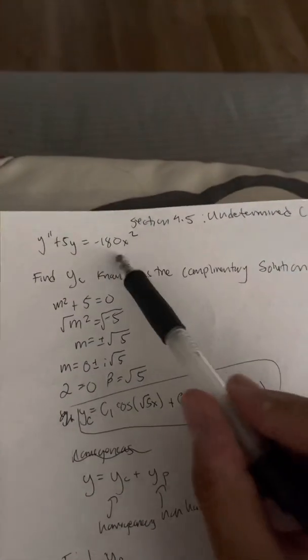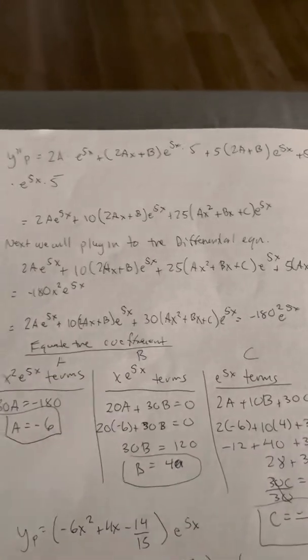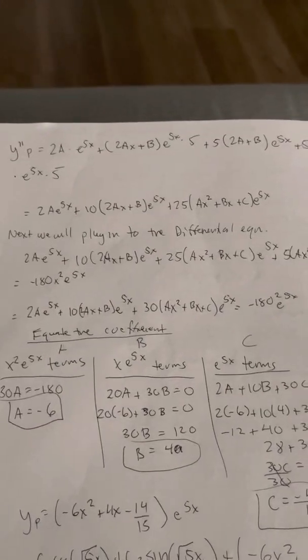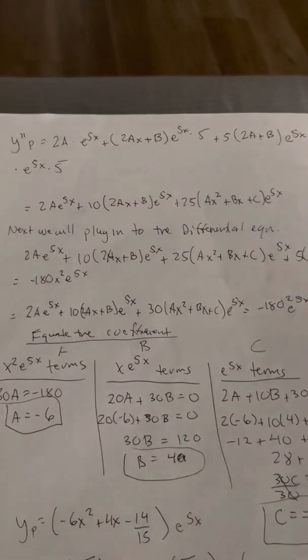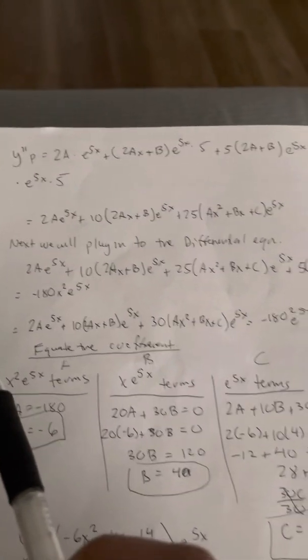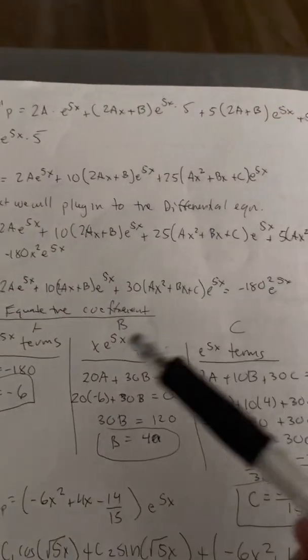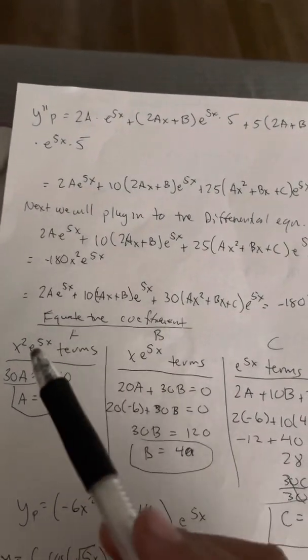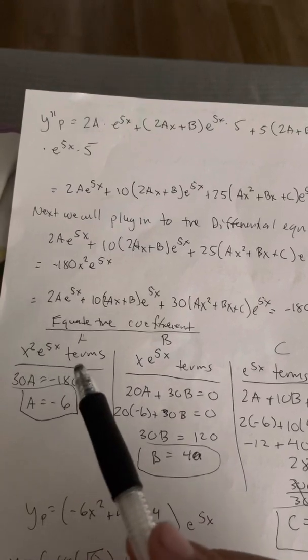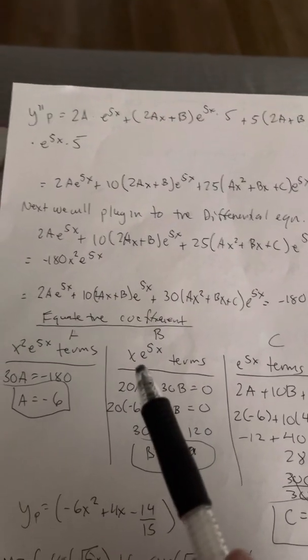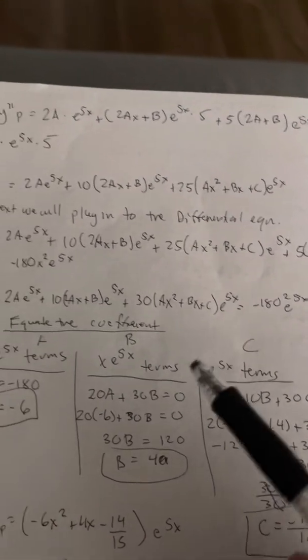So from this equation right over here, if we plug that back in, what we want to do is find the coefficients for yp. The way that we do that is that we find the highest term. Our highest term in this case would be the x squared e to the 5x term, and then the next one will be x e to the 5x, and then lastly e to the 5x.